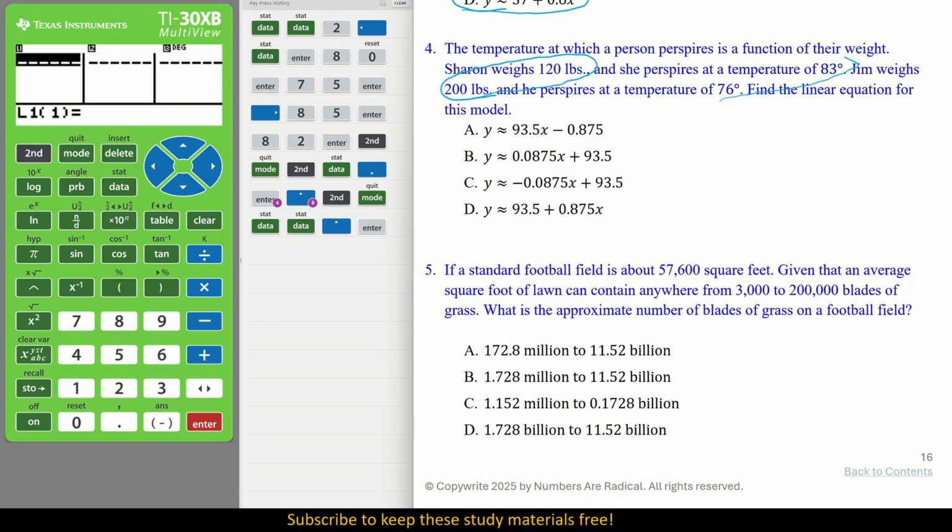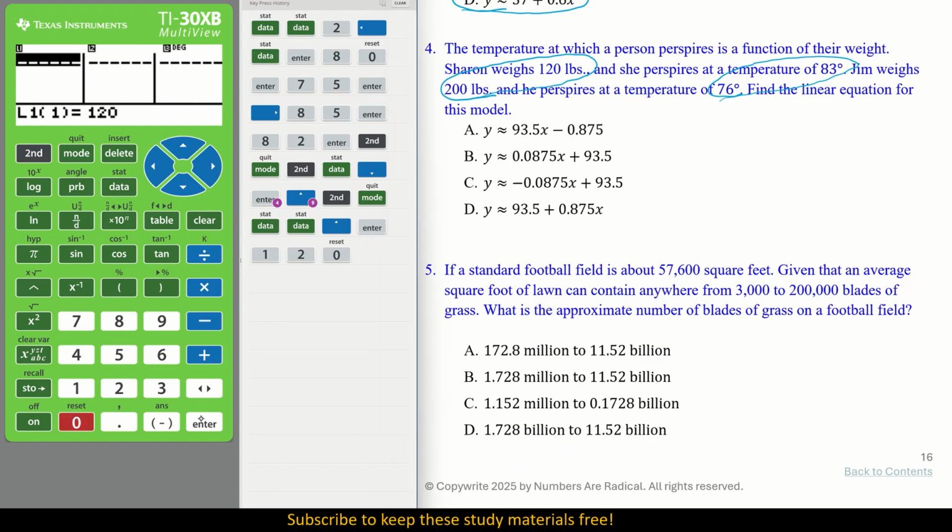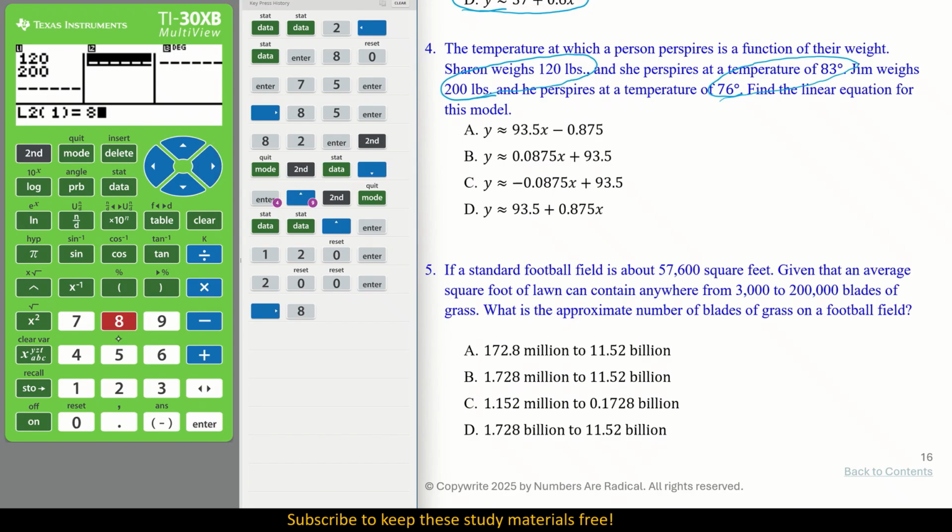And then L2 will be my temperature. Okay. All right. So we have 120, enter, 200, enter, go over. Okay. Sharon, she is 83 degrees, enter, and then 76 degrees for Jim.